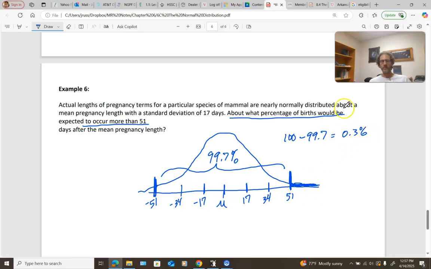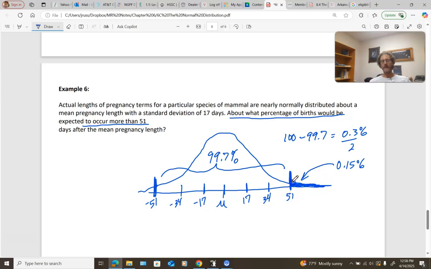Well, you've got to divide this by 2 again. So hopefully you can start to see these are really the same problems over and over and over. You're just trying to figure out how much area is in one tail or sometimes both tails. And this would be 0.15%. Okay? That's the percentage of births that would be 51 days above whatever the average pregnancy term is.